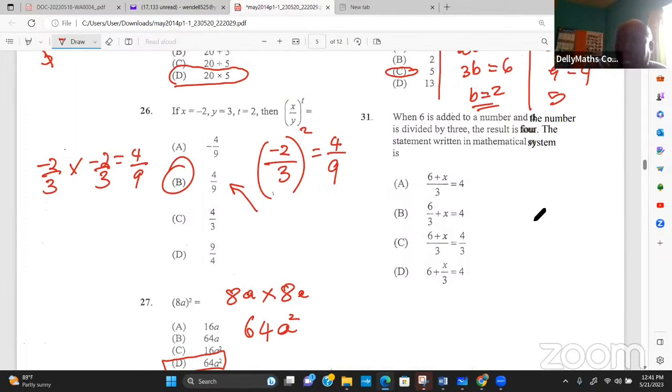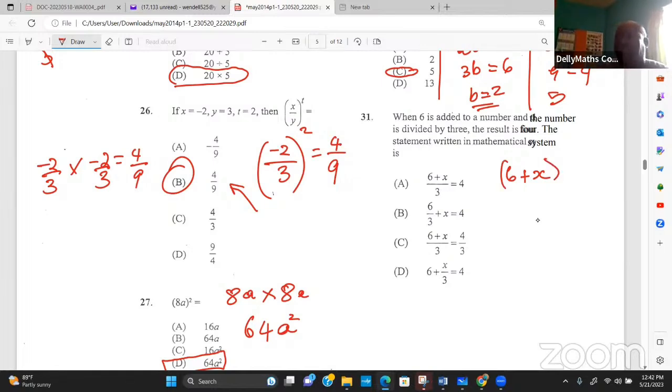Now, we're going to have to read these properly when you're going through this. It says when 6 is added to a number and the number is divided by 3. I'm going to do mine and then I look. When 6 is added to a number x, 6 is added to a number. All right. That means you get a number already. So 6 is added to a number. This is now a new number.